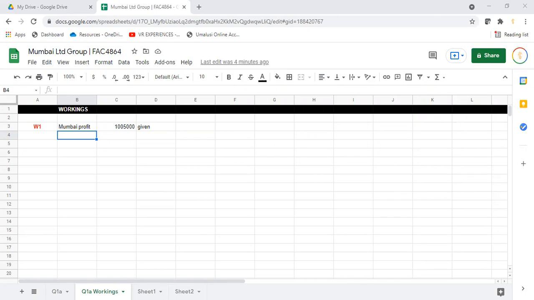So the first one, if you go to the scenario and you look under FIFI, the first one that relates to FIFI is in the second paragraph, what was it called now? The contingent liability.